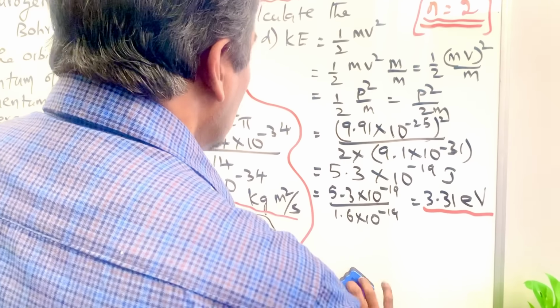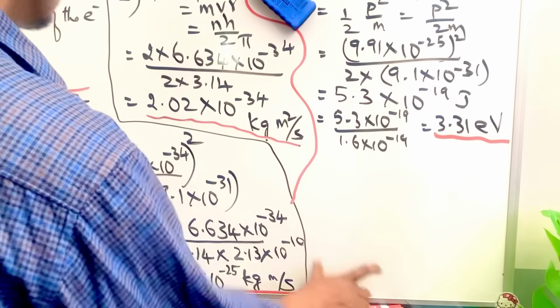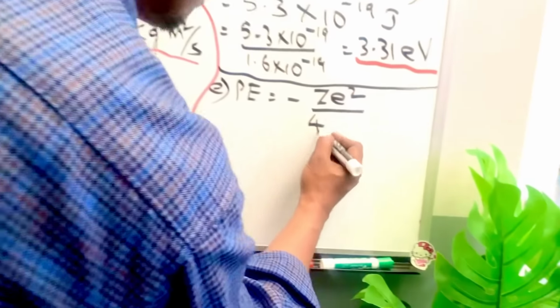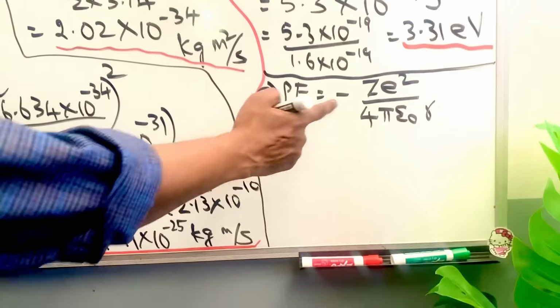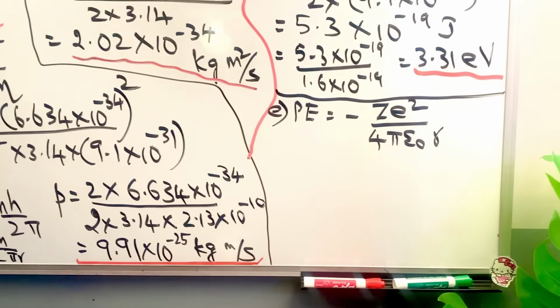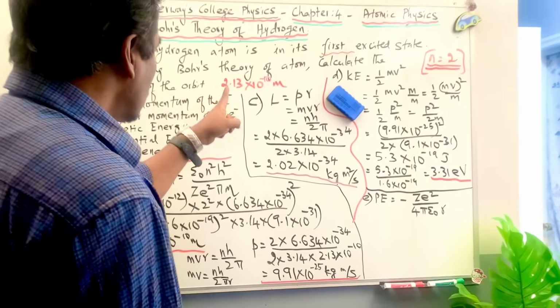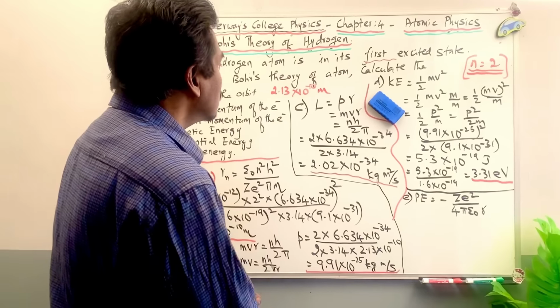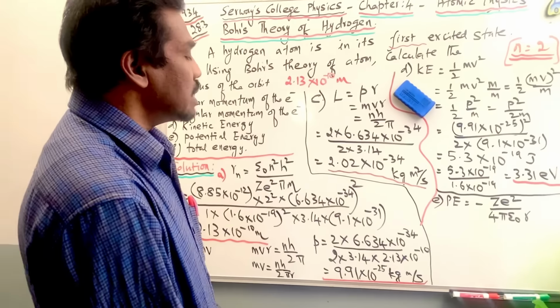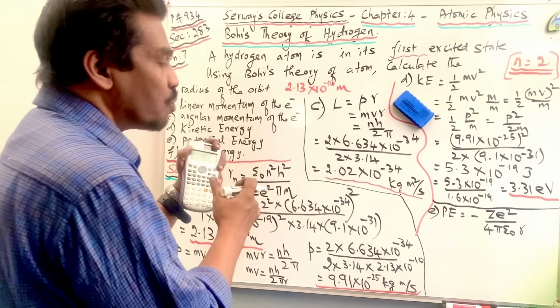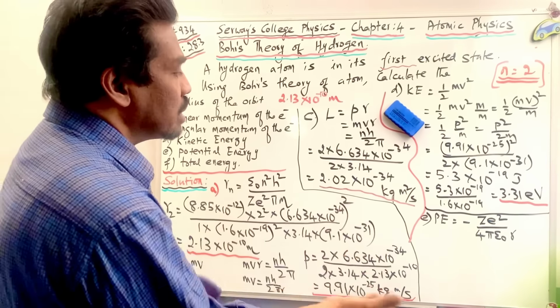The next one is potential energy. So that is question number E. Potential energy can be calculated by using the formula Z e squared over 4 pi epsilon 0 r. The answer is negative because whenever the radius of the electron in the system is very less than infinity, the electrons will always be attracted by the nucleus. To overcome the force of attraction, energy should be given to the electrons.